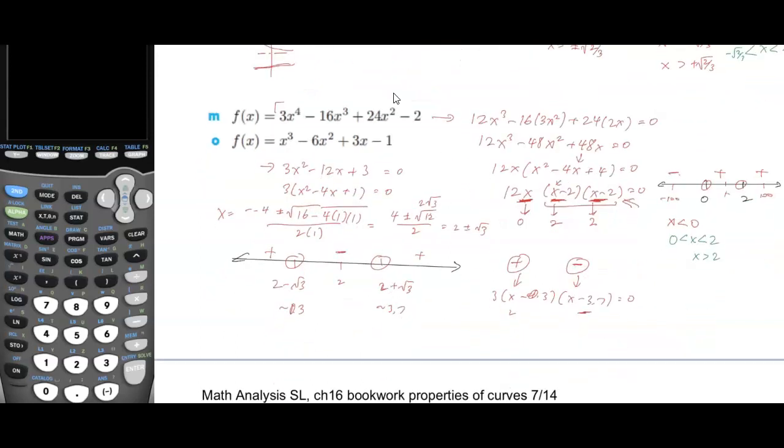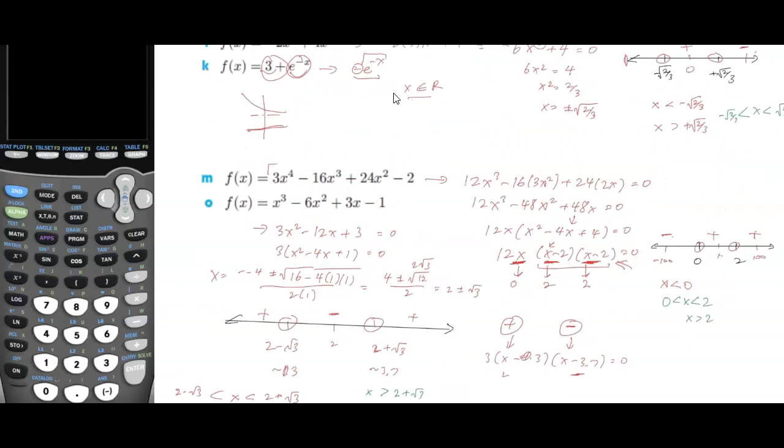So the decreasing interval would be between 2 minus square root of 3 and 2 plus square root of 3. And then the increasing intervals would be x is greater than 2 plus square root of 3 and x is less than 2 minus square root of 3. Okay, so that's it for page 6.